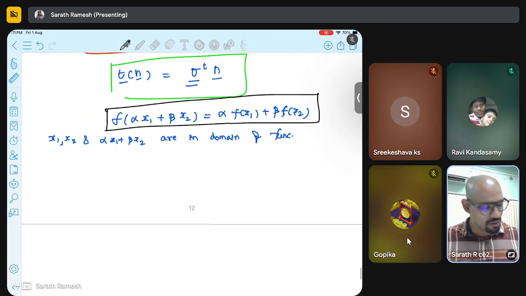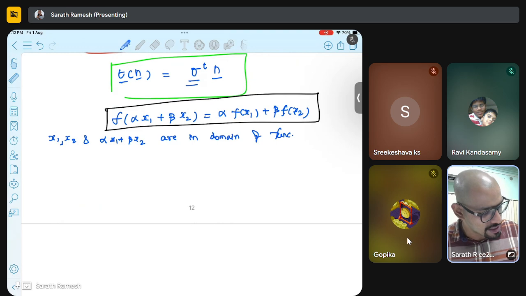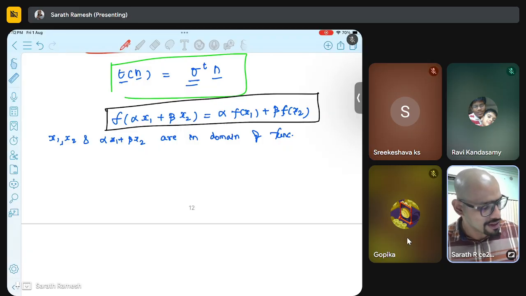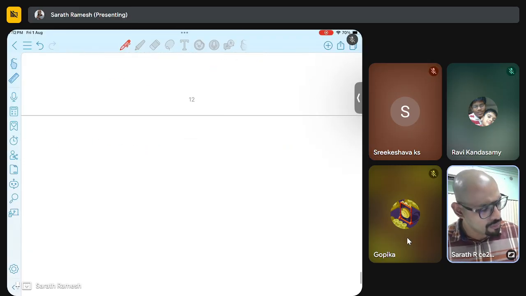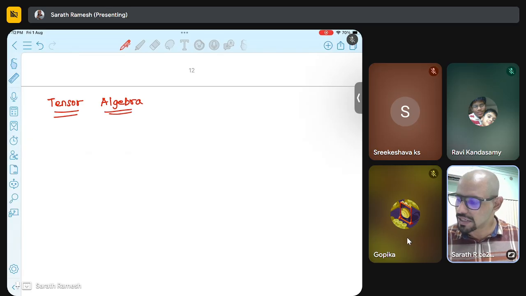Fine. Now, quickly, let me revise the tensor algebra. You don't have problems exclusively from tensor algebra, but still, in order to understand the tensor, we need to be clear with this tensor algebra concept.